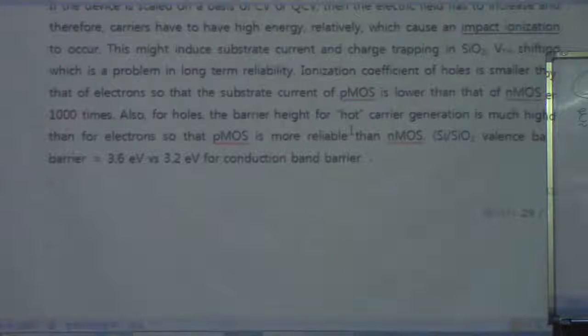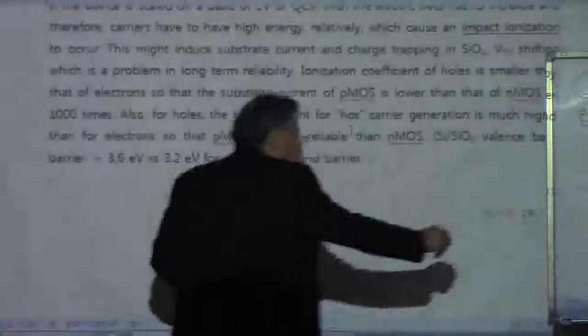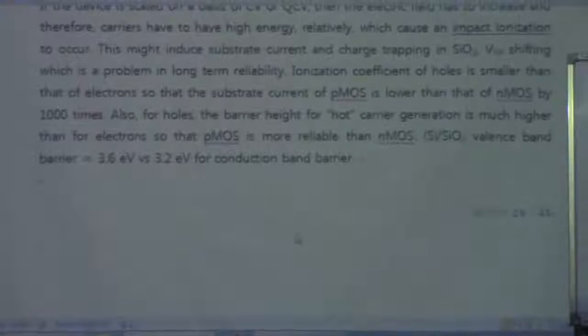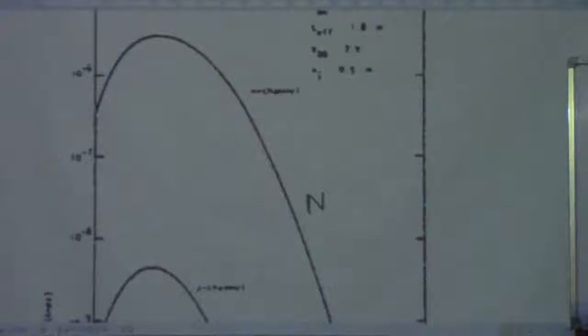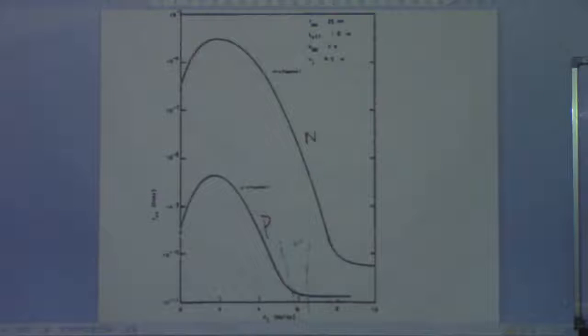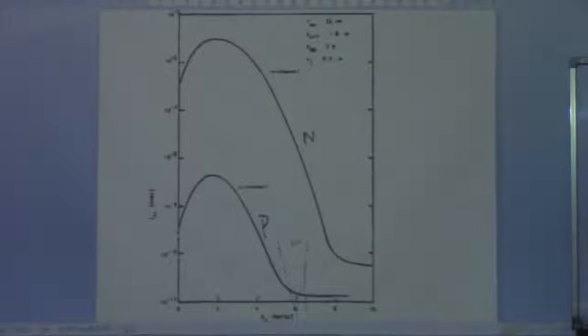For silicon oxide, the valence band barrier is 3.6 electron volts versus 3.2 electron volts for the conduction band barrier. That's why we don't have any hot holes, even though we have a lot of hot electrons.